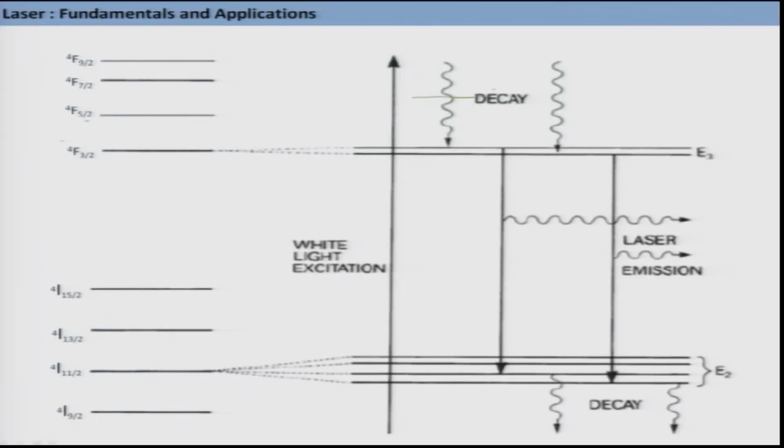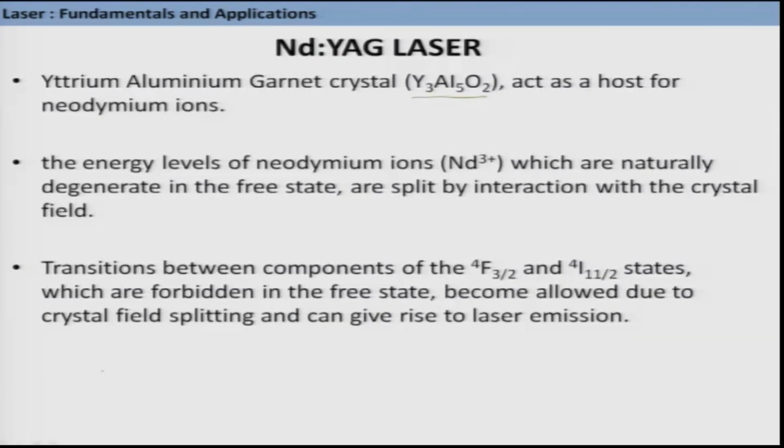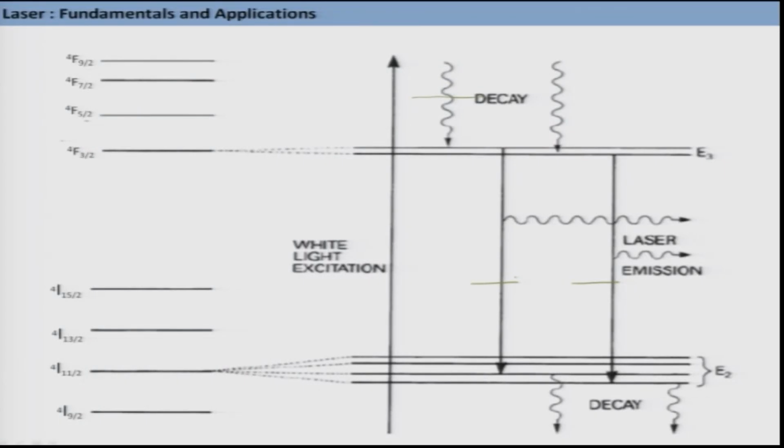So here are the states that I was talking about. Initially, this is 4I11/2 and 4F3/2. So this is one state and this is one state. Before we had this crystal field effect, this was degenerate, and several energy states were at the same energy, and once the field is applied, they are split like this.